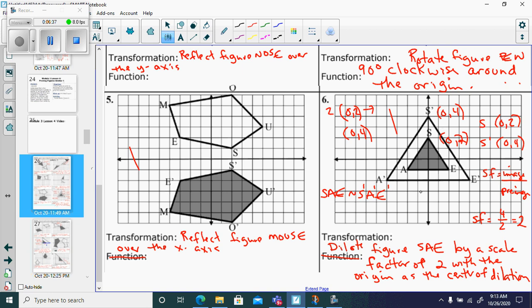This side is 1, 2, 3, 4, 5, 6, 7, 8 units long. This side is 1, 2, 3, 4 units long. 8 divided by 4 would give me a scale factor of 2.